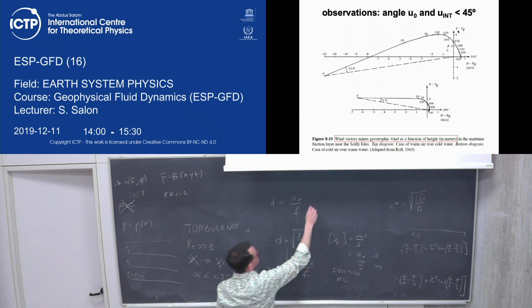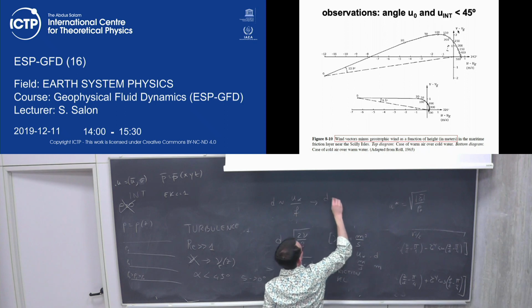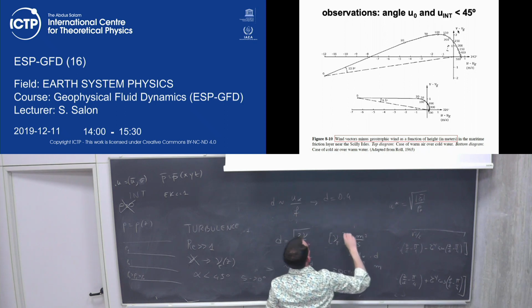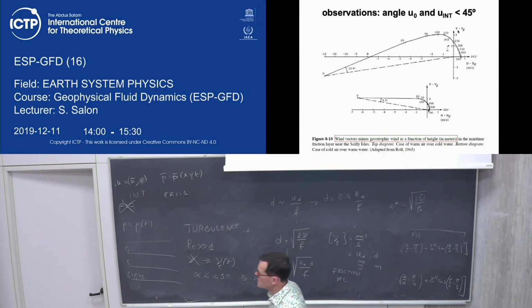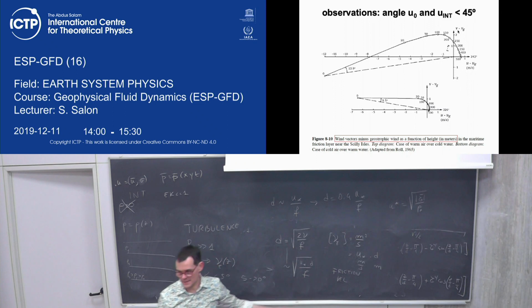And you will see that there is a proportionality number, which is 0.4, which gives you the value of the Ekman depth in most real cases.